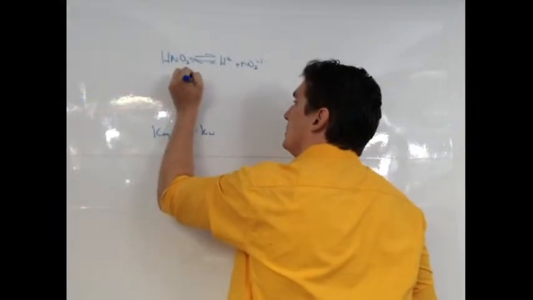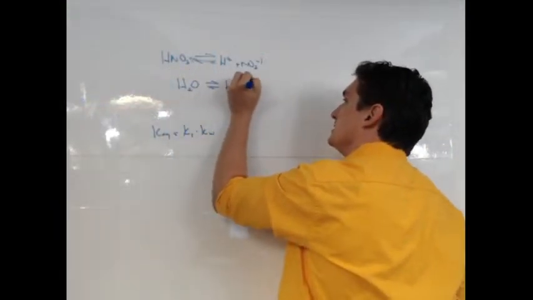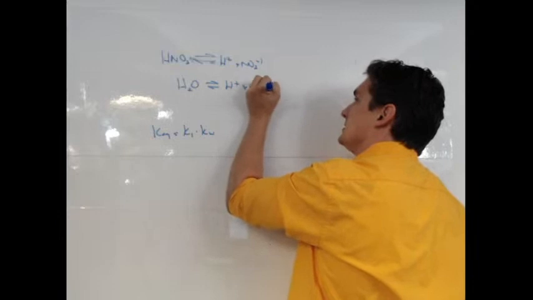So the equilibrium constant for water, H2O, goes back and forth to H plus and OH minus.